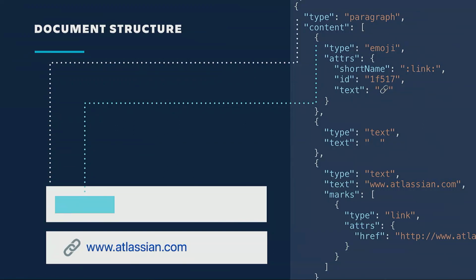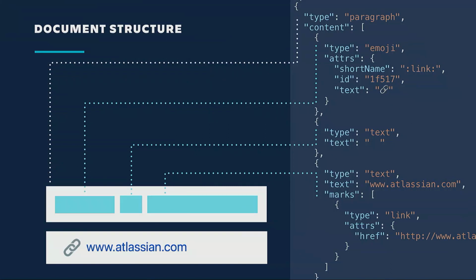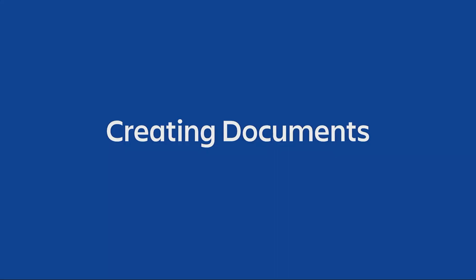So we have essentially Unicode emoji as a fallback in case we can't find or render the native emoji that we would otherwise use. There's an empty text node for the space, and there's some more text which will contain the link. And the actual link information, the href attribute, is stored in the metadata in this particular case, in a mark.